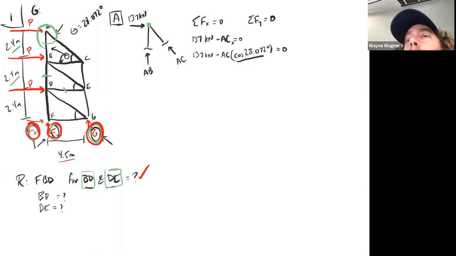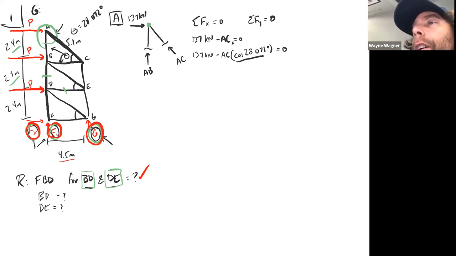I prefer to note that if we've got 4.5 and 2.4, I can do the Pythagorean theorem to get this side right here. 2.4 squared plus 4.5 squared, square root of that is 5.1. So this side is 5.1.